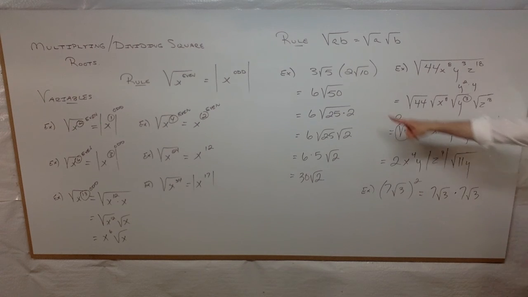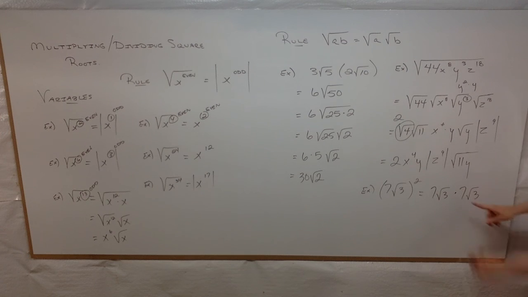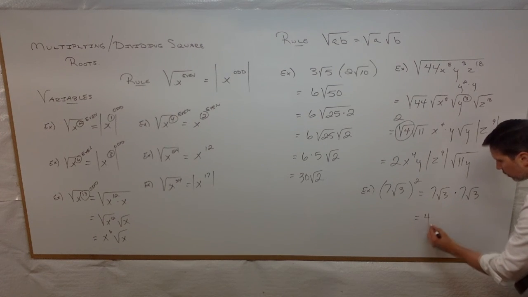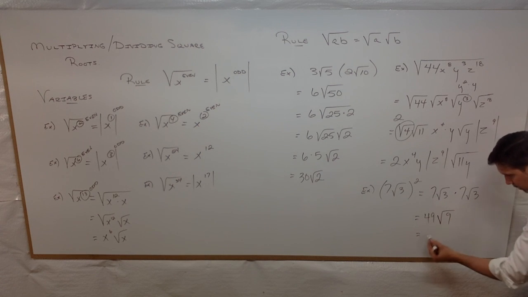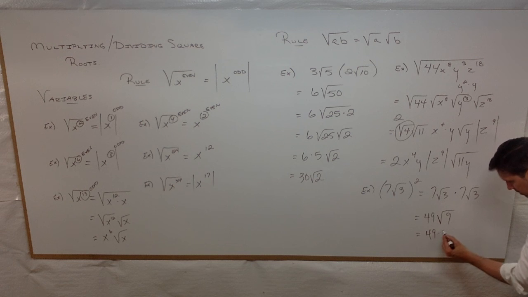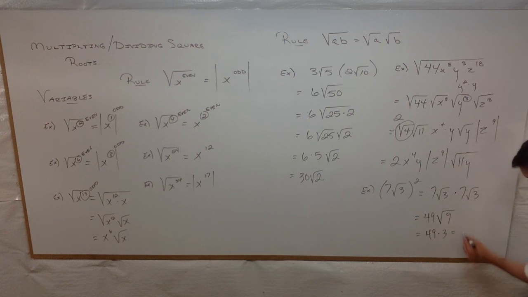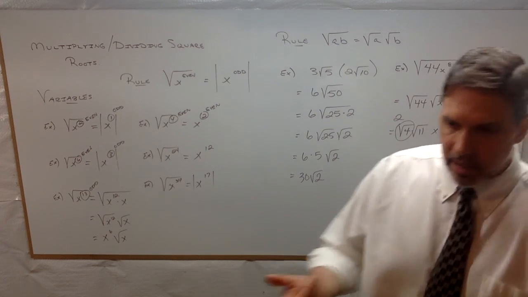And what you can see is it just goes back to something like this. We'll multiply the 7's together to get 49, and we have the square root of 3 times 3, which is 9. So you have 49 times 3, which I think is 147, if I do the math correctly. So handle the exponents just as you would, just interpret it as times itself.